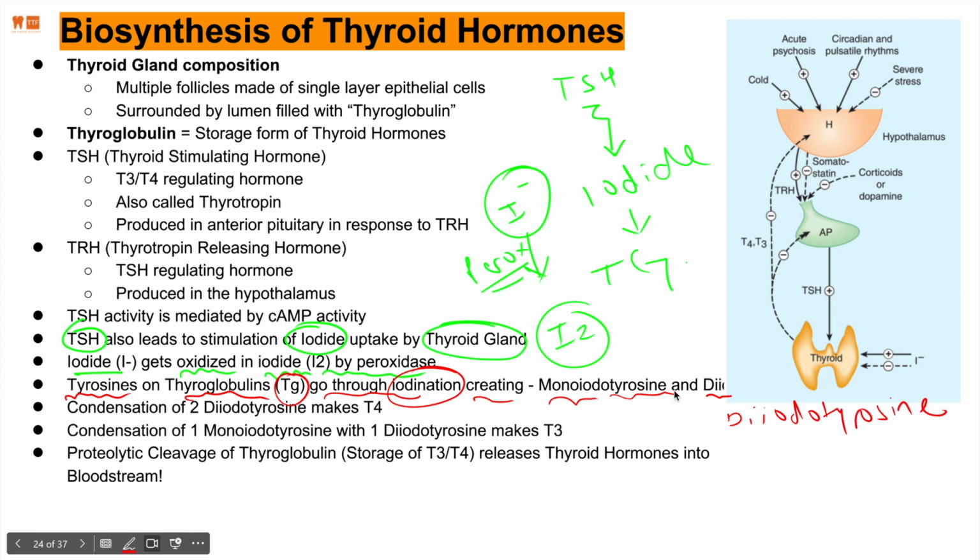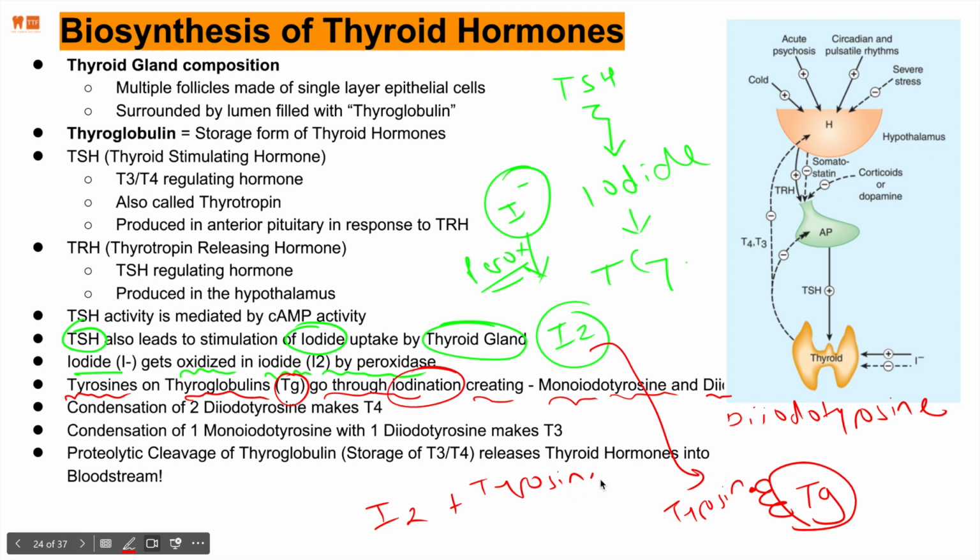Two things are created. So this I2 touches the walls of the thyroglobulin and affects tyrosine. So I2 plus tyrosine equals monoiodotyrosine, diiodotyrosine. So far so clear? Okay.